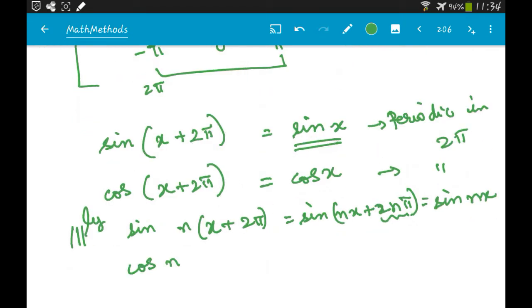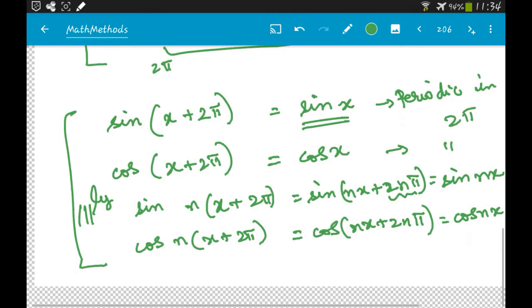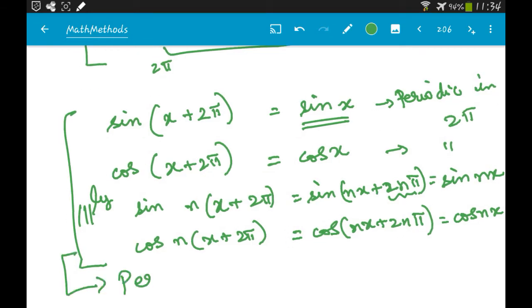And similarly you have cos of n into x plus 2 pi, which is nothing but cos nx plus 2n pi, which is cos nx. Okay. So if you look at these sine and cos functions, you see these functions are also periodic in 2 pi. And that is why, of course there is a rigorous proof that Fourier had done, but using this intuitive argument you can see why sines and cosines are used to represent any periodic function.